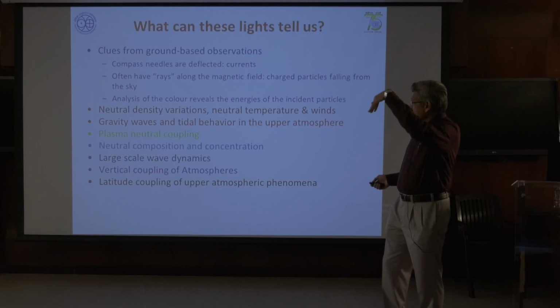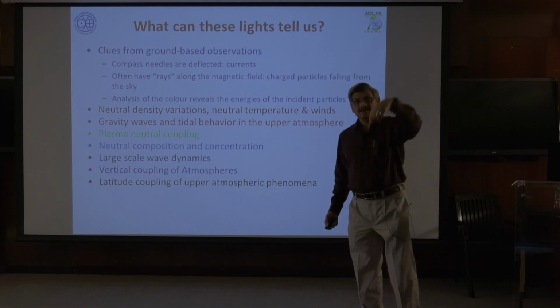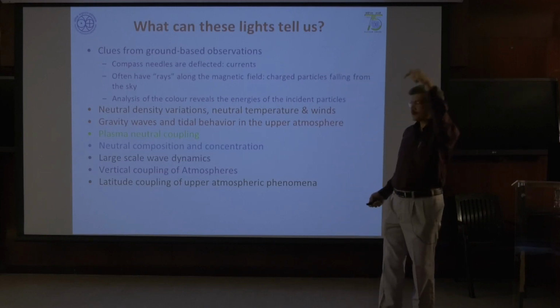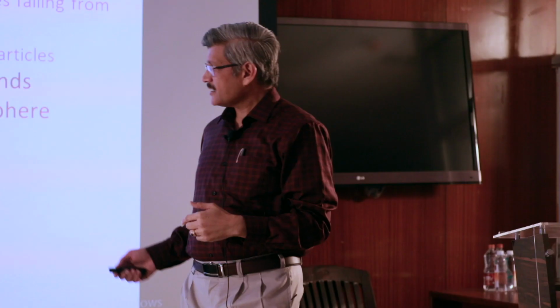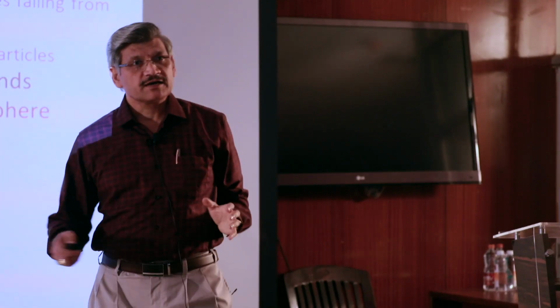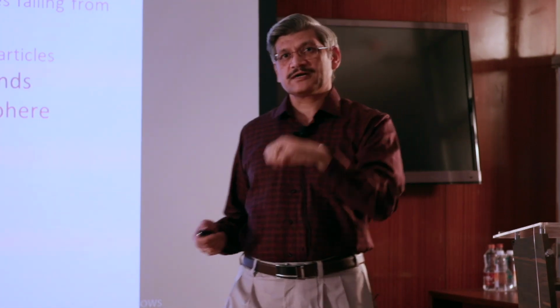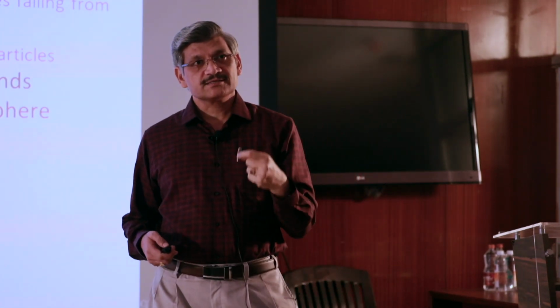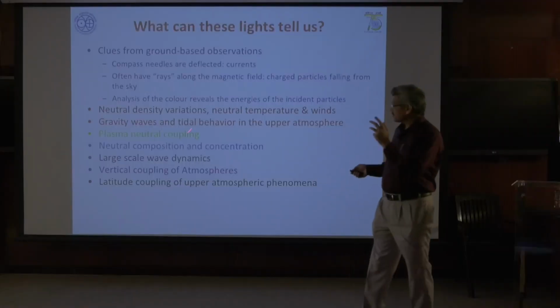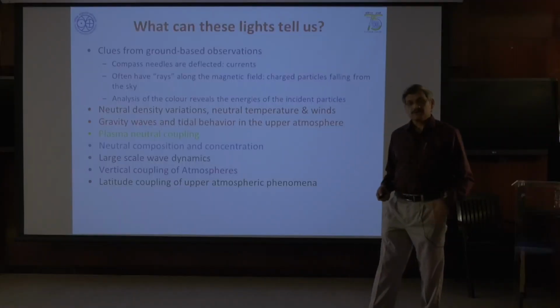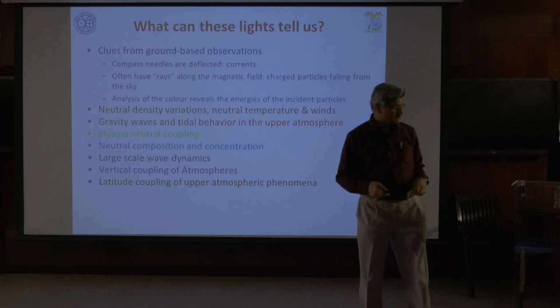These rays are actually the magnetic field lines becoming visible because of the particles coming in. The analysis of colors reveals different energies, because different energetic particles enable different transitions, and therefore by looking at the ratios of the colors, you can talk about what is happening.